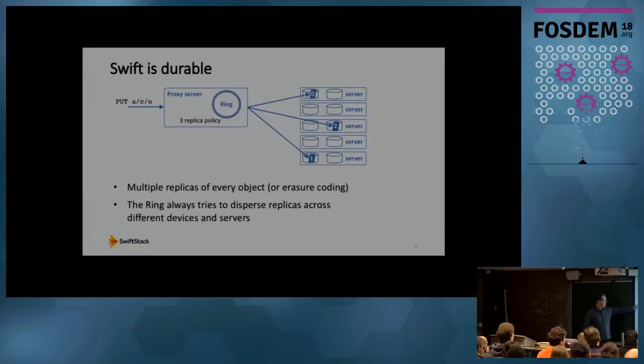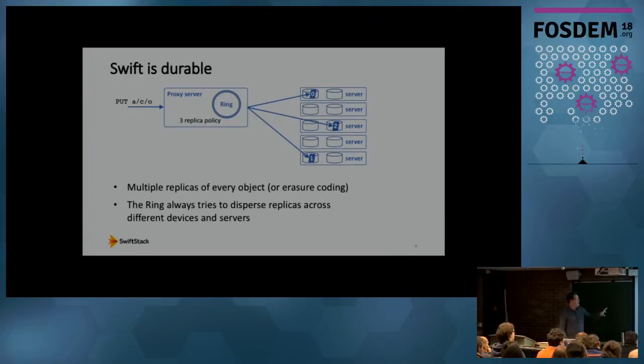We have an HTTP PUT request that's putting an object to a URL, A, C, O, that's the account, container, object name structure. And that request is handled by a proxy service which will write 3 replicas of the object onto 3 disks in a pool of storage servers.